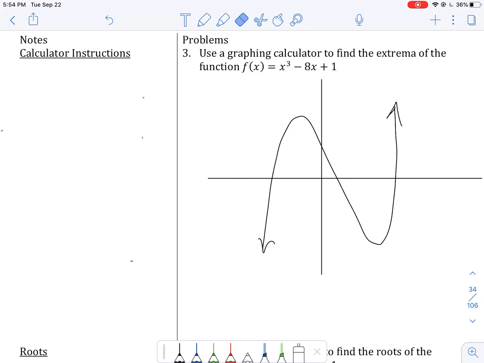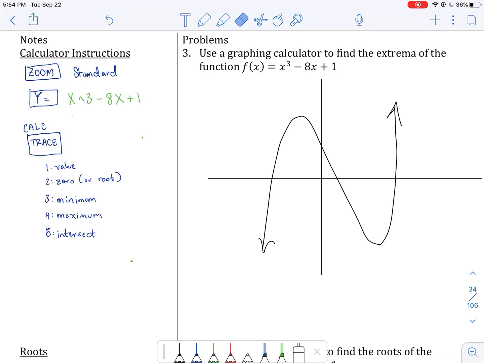And the way that we can graph that is the first thing you want to do is go to your Zoom Standard, and that just makes sure that your window is what I like to call 10 by 10. So it means that it goes from -10 over here to 10 this way, and -10 to 10 on the x. And it's just a nice place to start looking at most graphs.